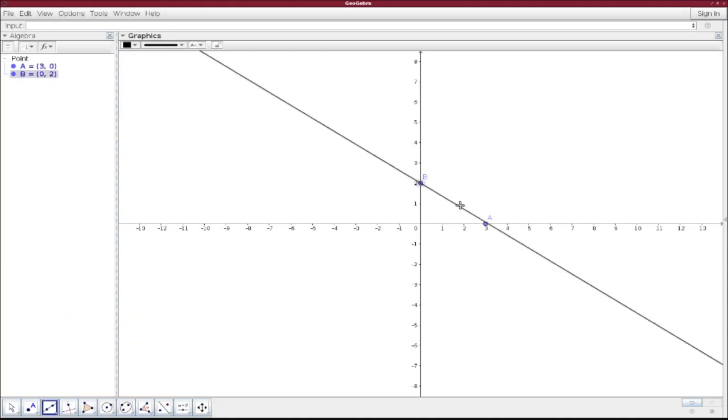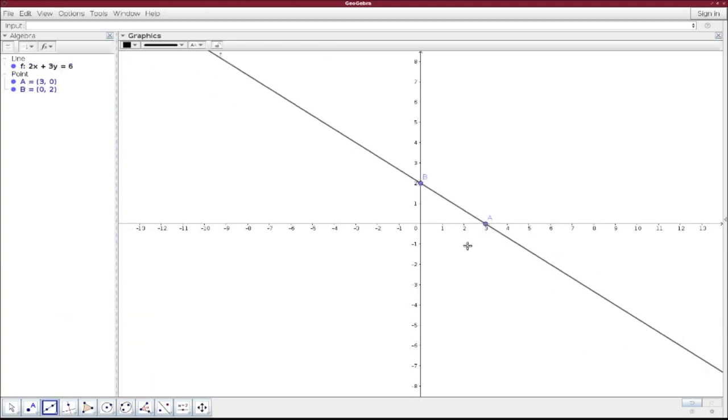So we want the line between A and B. When we do that, GeoGebra will look over here on the left-hand side, and it will construct the equation for us. And lo and behold, we get our original equation back from our x and y intercepts. We get 2x plus 3y is equal to 6.